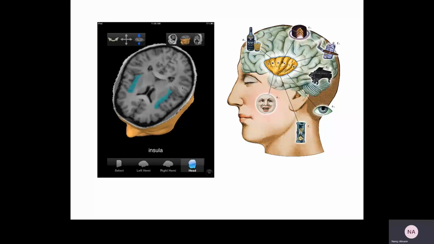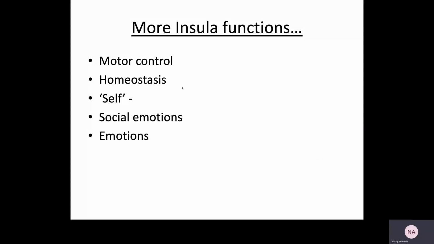And it will also play a role in motor control. It will also play a role in homeostasis in terms of helping monitor feedback loops that control various systems. It also gives you a sense of self relative to the rest of the world.